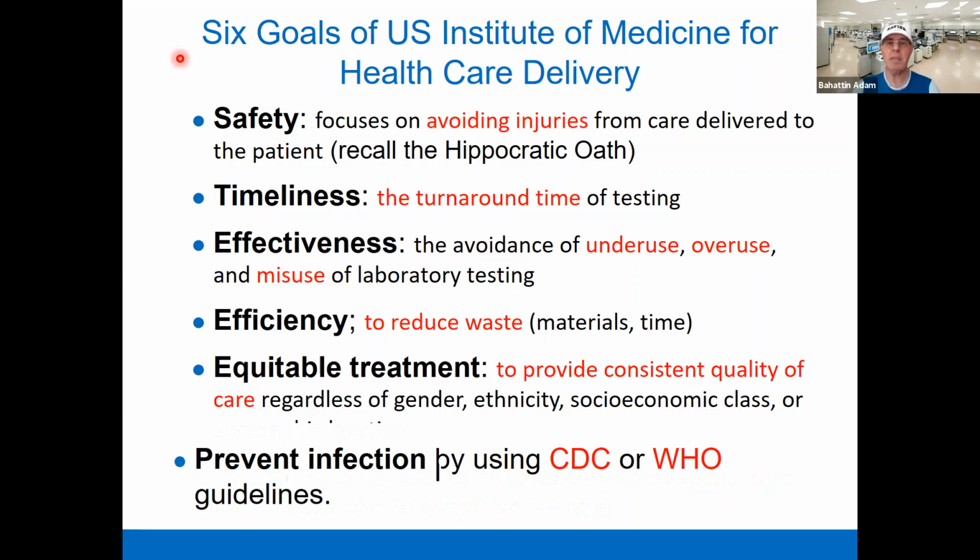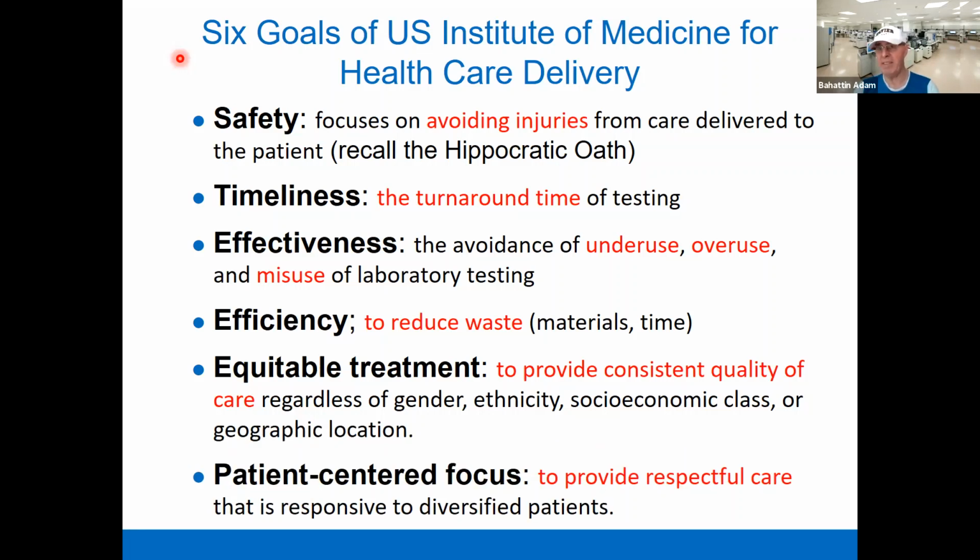And the turnaround time of the testing is also about the quality of the labs, and one of the goals of the US Institute of Medicine. Effectiveness is the avoidance of underuse, overuse, or misuse of laboratory testing.